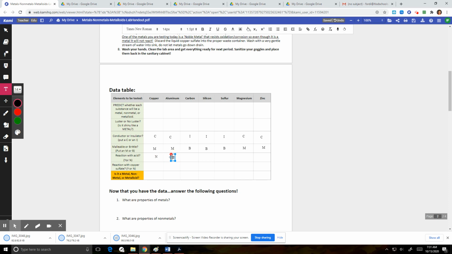Aluminum was a yes. Carbon was a no. Silicon was a no. Sulfur was also a no. Magnesium, yes. And zinc, yes.